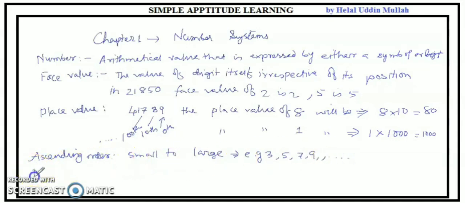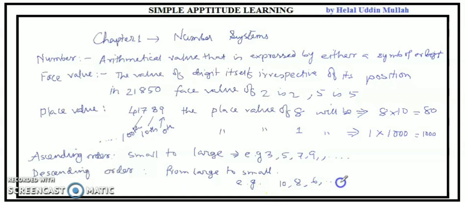Then we have descending order, where we arrange the numbers from large to small, for example 10, 8, 6, and so on.